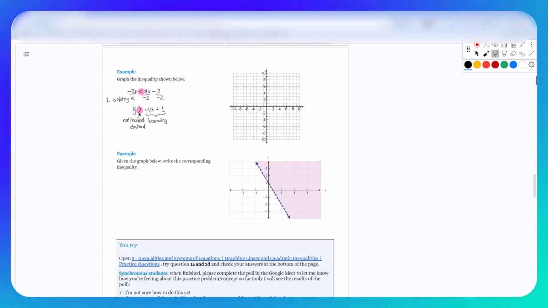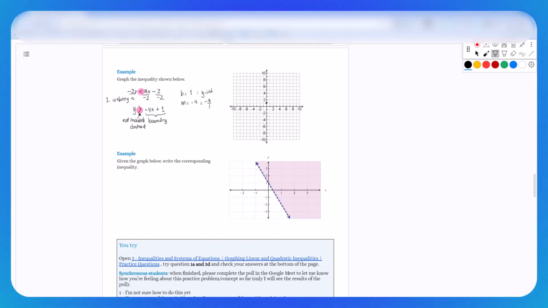So when we graph this, let's do that. The b value is 1, which means that's the y-intercept. The slope is negative 4, which means we can go for a little walk. Negative 4 over 1, in other words, down 4 and to the right 1.